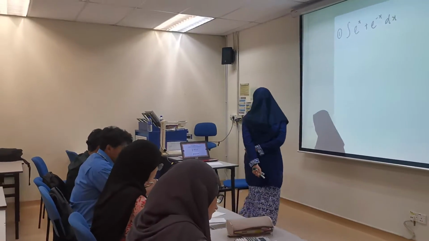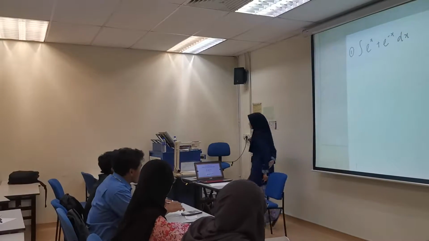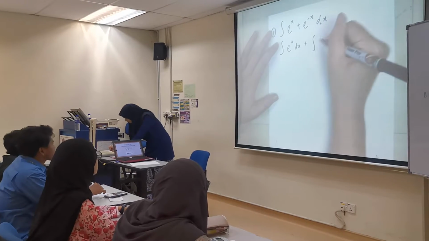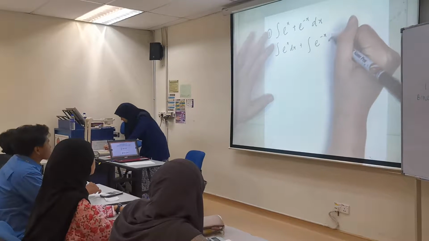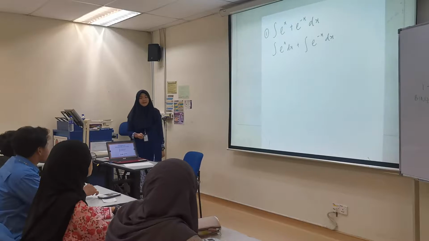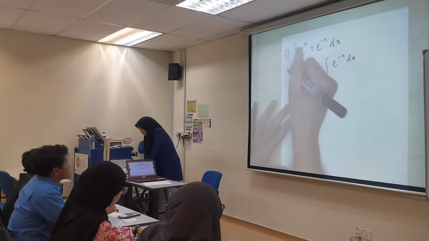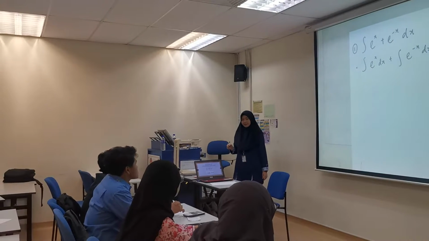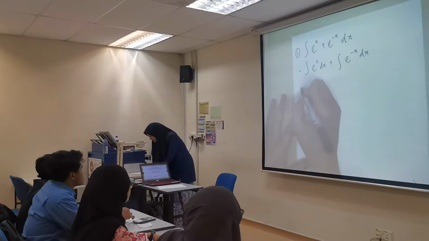So the question is e^x plus e^(-x). As we all know, we can separate it out. As I said before, in the formula, if we integrate e^x, we get e^x.